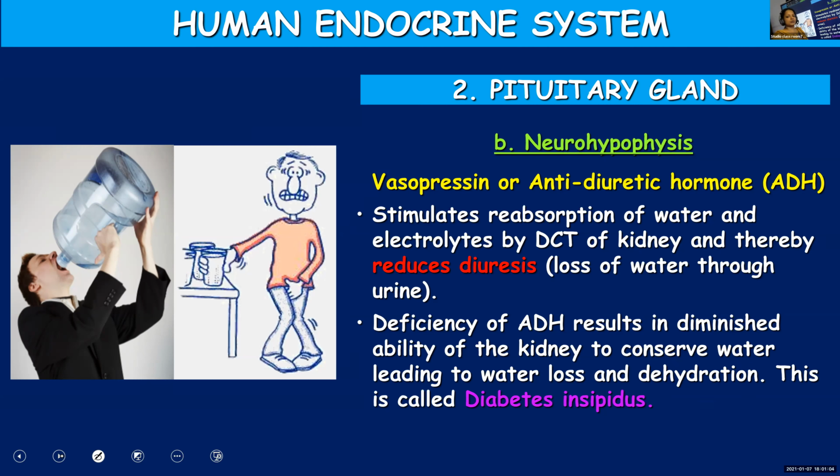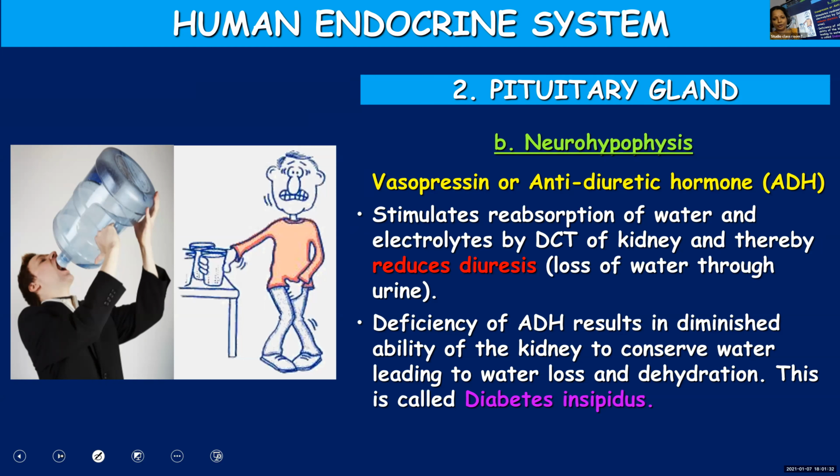So when the level of this hormone goes low, the ability of the kidney to reabsorb water and other substances will get reduced. So it will lead to the reduced ability of the kidney to conserve water, and so much water gets lost from the body. Once water is lost from our body, it can lead to dehydration.